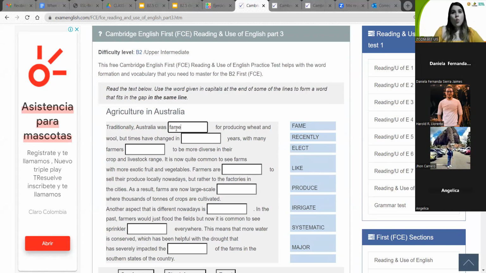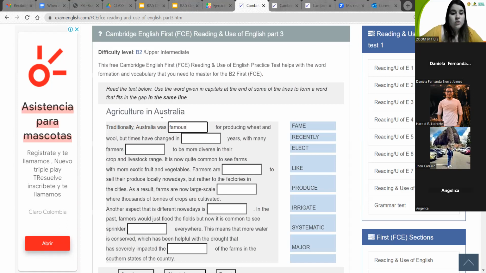So we need to be able to recognize certain prefixes and suffixes that are very common in nouns or adjectives or adverbs, so that we know how to form those words. So for example, we said that it's not fame but famous, right?